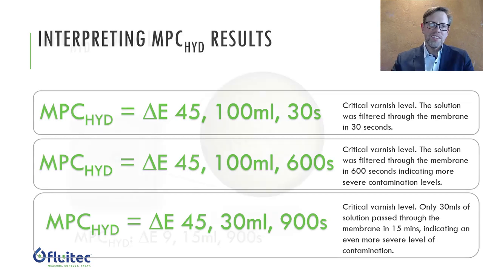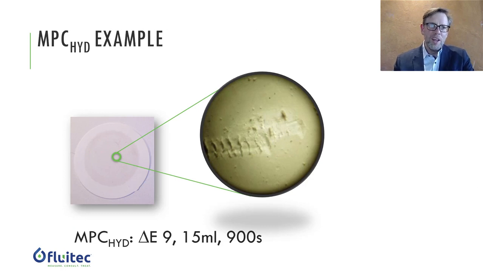And just for a real life example, this is a case, this hydraulic system actually had an MPC of 9. You see the patch, nice and light. However, only a tiny bit of this fluid actually made it through the patch. Only 15 out of the 100 mils made it through the patch. Then there is actually a thick layer of basically colorless residue that had formed on this patch, in 15 minutes.